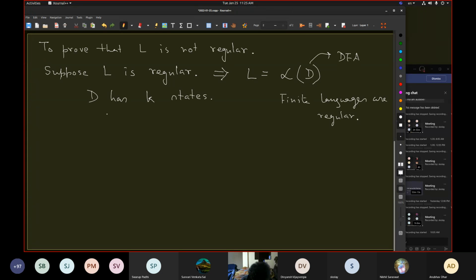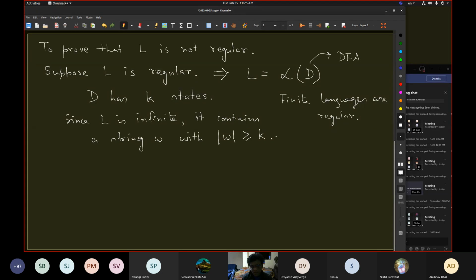Now, since L is infinite, it contains a string, let us call it W, with length greater than or equal to K. Because the total number of strings of length less than K is anyway a finite number.